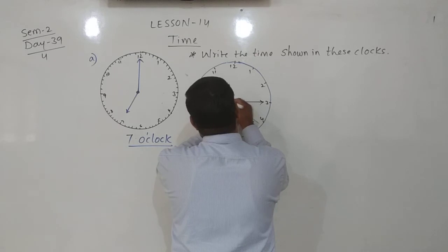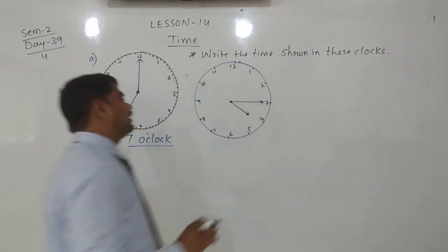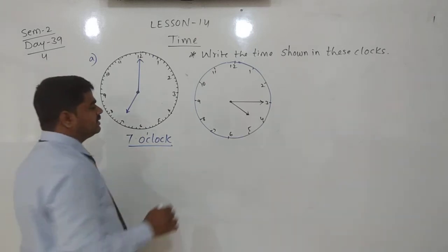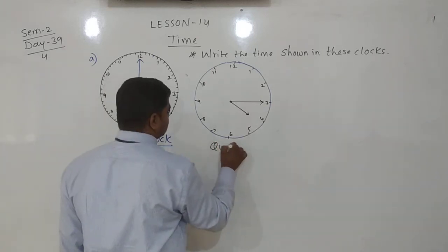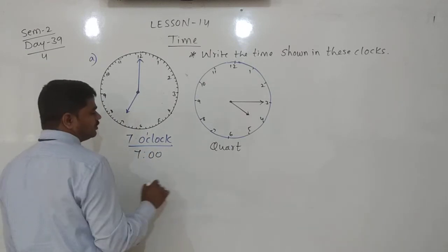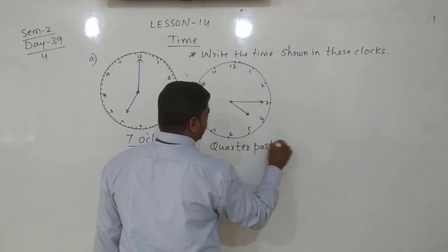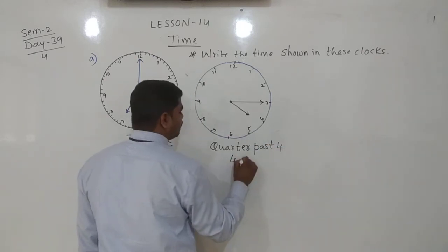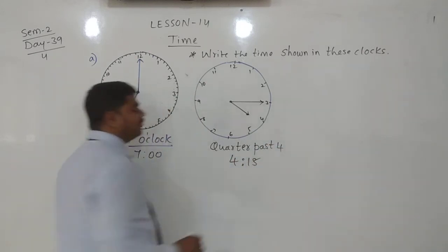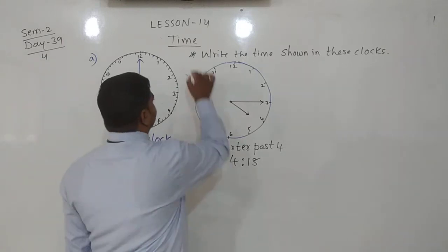What is the time now here? We can read it as quarter past 4. Here 7 o'clock means 7:00. Quarter past 4 means 4 hours 15 minutes. Quarter means 15 minutes.